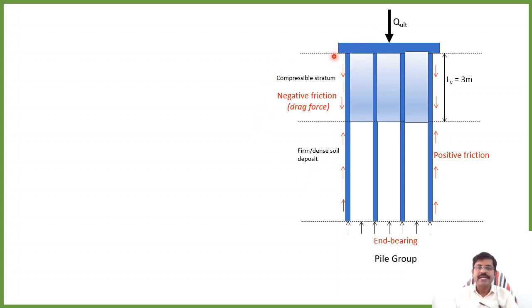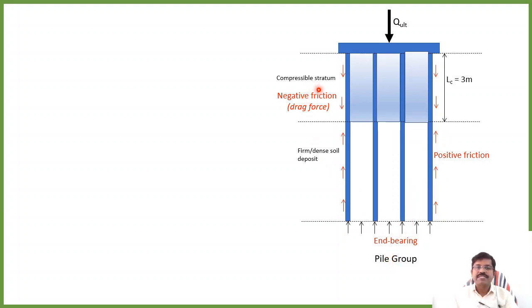You can see here the compressible stratum, which is given as 3 meter. The pile group is constructed through a compressible stratum, which is 3 meter, and there is a firm dense soil below that. There is end bearing also at the base of the pile group.